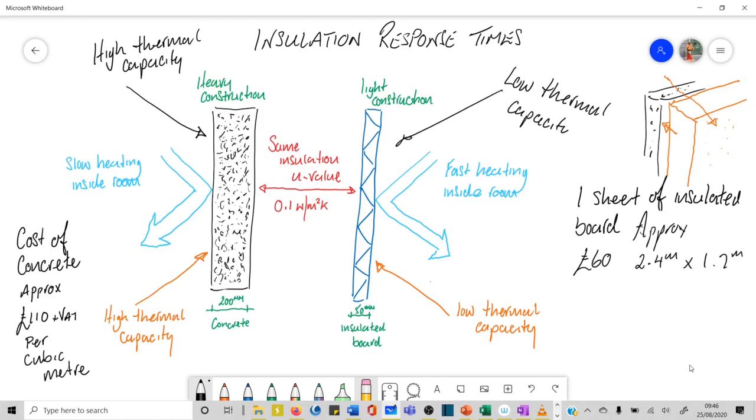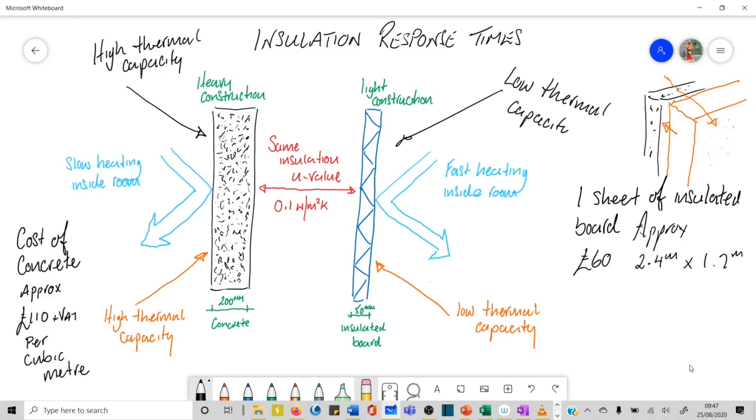Hopefully this recap has filled in any gaps in knowledge for you and just gives you a few ideas in how to think in different ways with regards to making justifications and evaluations in terms of materials or performance or cost, when you're faced with a number of possible outcomes for a client.